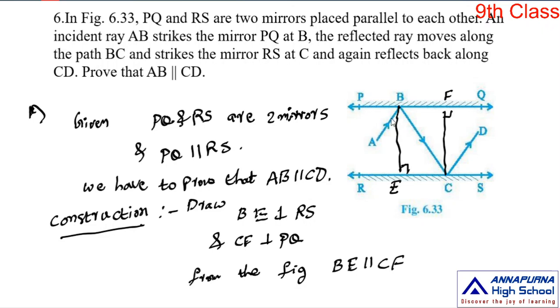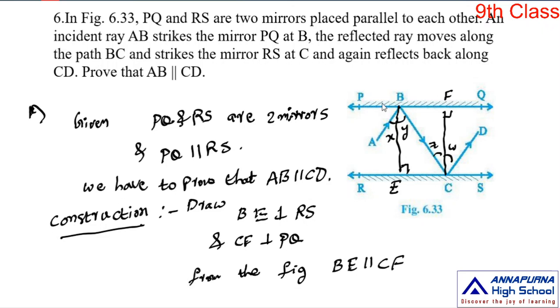Denote some angles. Angle ABE is equal to x. Angle EBC is equal to y. Angle BCF is equal to z. Angle FCD is equal to w.